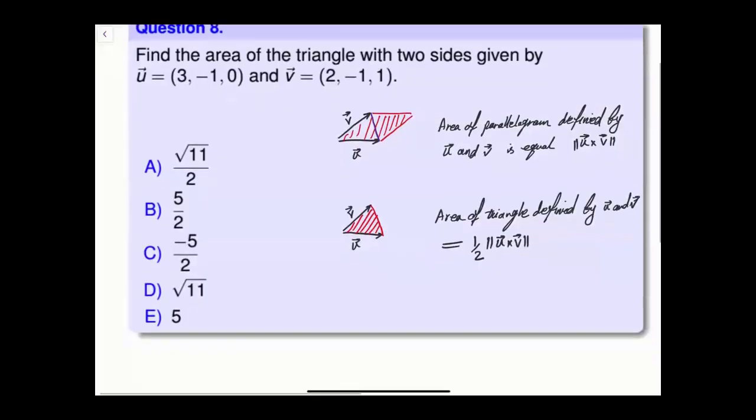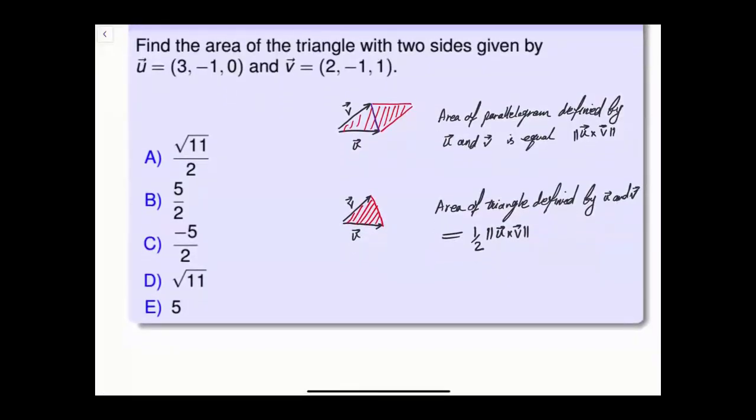So this means that for this example, we need again to find u cross v, which is (3, -1, 0) cross (2, -1, 1).